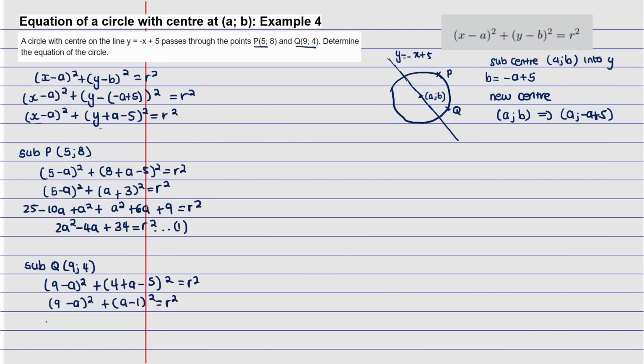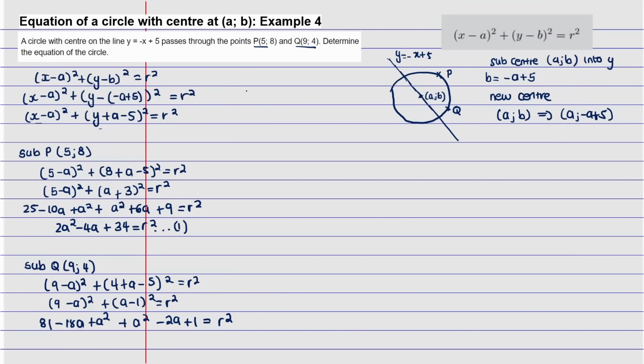So now expand this. This is the same as 81 minus 18A, plus A squared, then plus A squared minus 2A, plus 1, and this is equal to r squared, right?